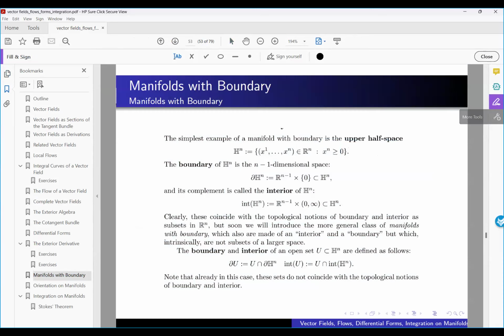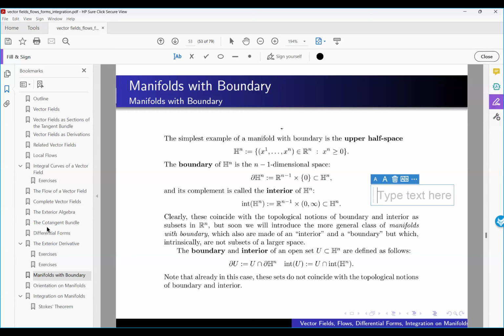So this has a boundary that is defined here. Now the notions are the classical notions in topology. We can define the boundary, and we can define the interior of H^n. So instead of working with R^n, we work with H^n.